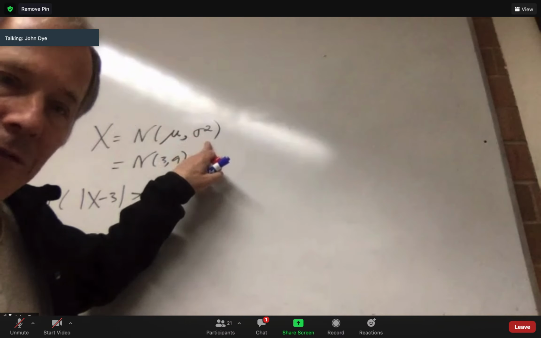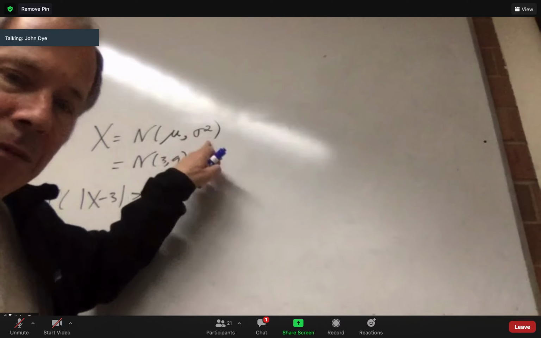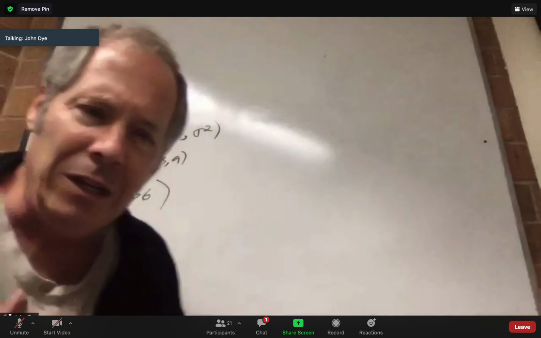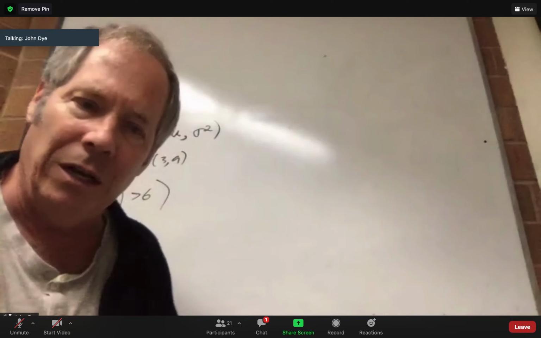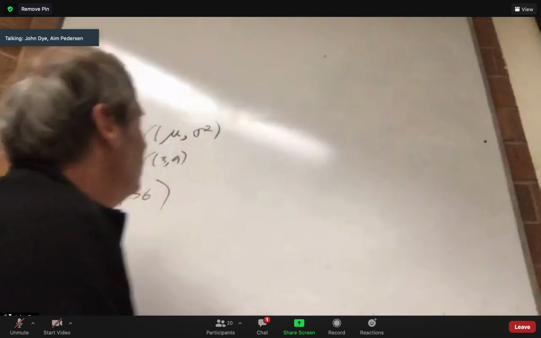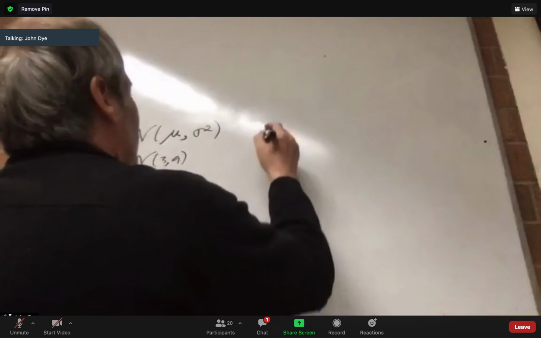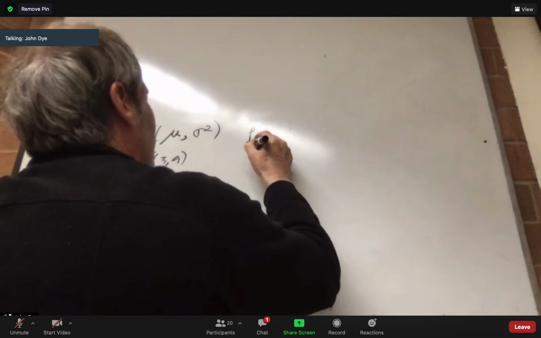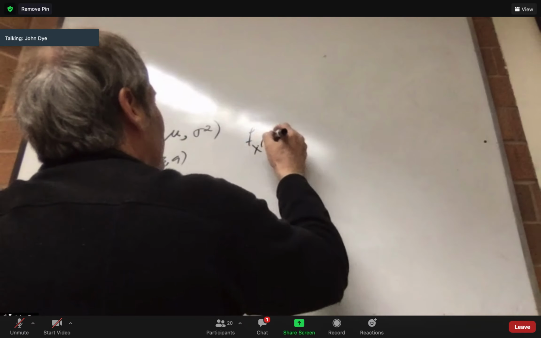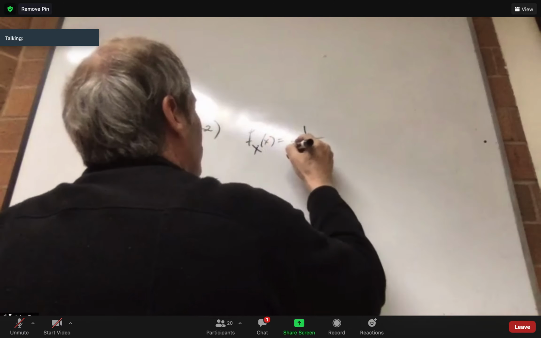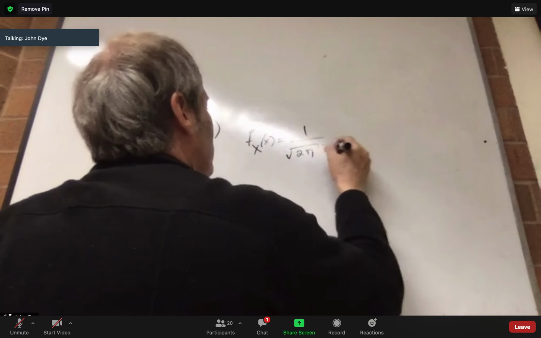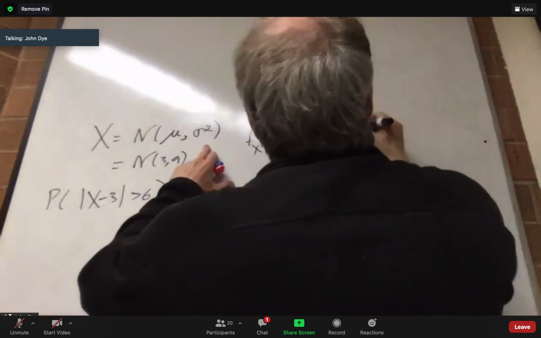Math 140 books or lower use sigma here, not sigma squared. So when you just have the numbers, you won't know how to do this. But as a reminder, sigma squared means variance. So let's see if I can remember what the density function is. Square root 2 pi. Where do these things come in? Well, there's a sigma here. There's a sigma there.